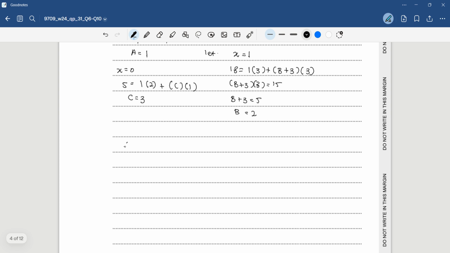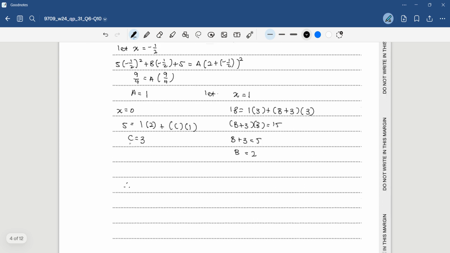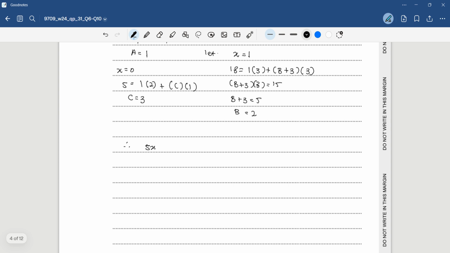Therefore my partial fraction will be: 5x squared plus 8x plus 5 divided by 1 plus 2x, 2 plus x squared, equals, my a is 1, so 1 over 1 plus 2x plus, my b is 2, so 2x plus 3 over 2 plus x squared. For this you can use a different method, it doesn't matter, but you should get the same answer.